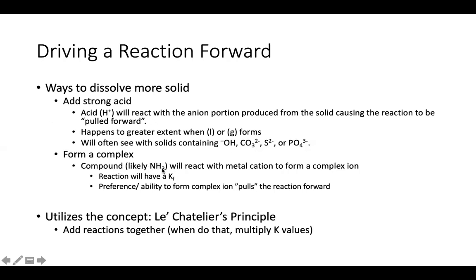The ammonia will react with a metal cation to produce a complex ion, right? And they'd probably give you an equation showing you this, okay? So you typically don't really need to make that jump, okay? But again, the ability to form this complex ion will pull the reaction forward, allowing, again, more of that solid to dissolve.